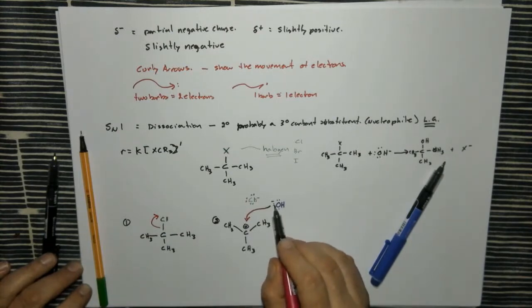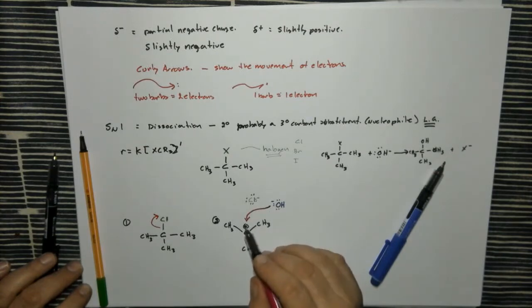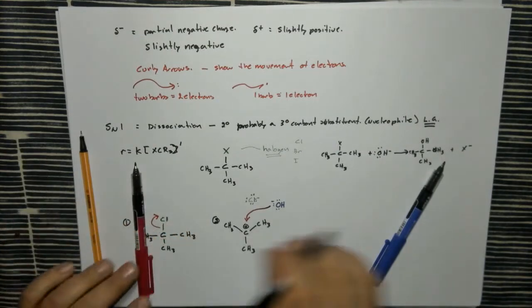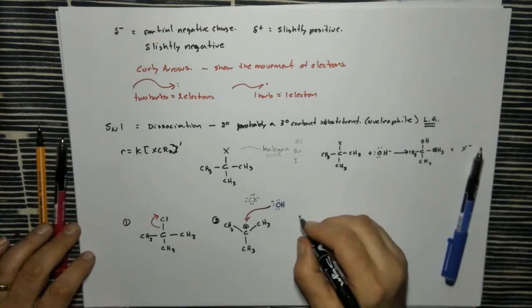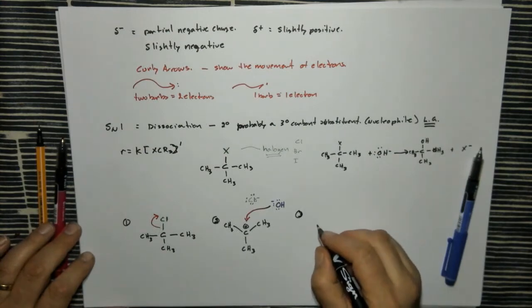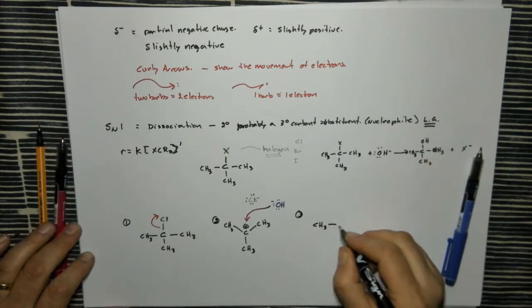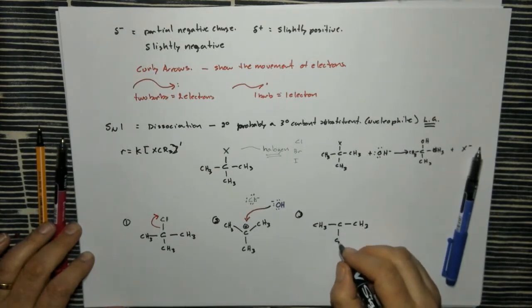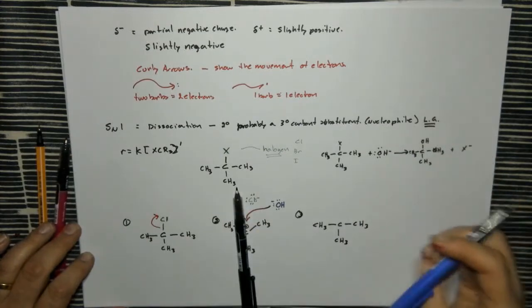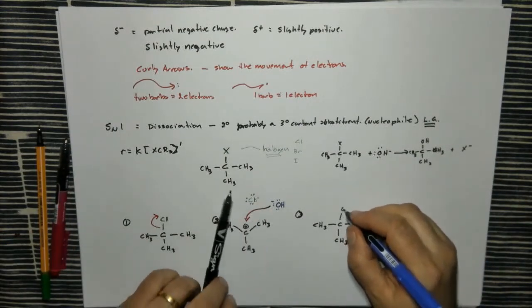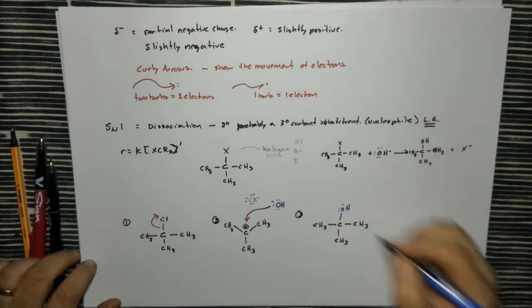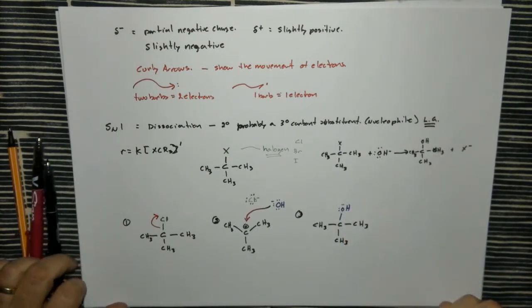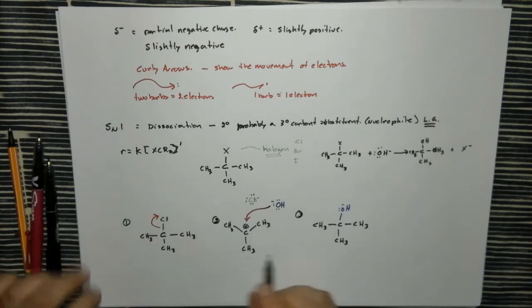The double bond, the electron pair here, these two electrons are able to move over and form a new bond with this carbon. And so in the third picture, we see the finalized molecule, which is fair enough.